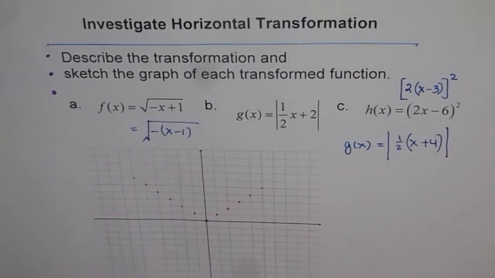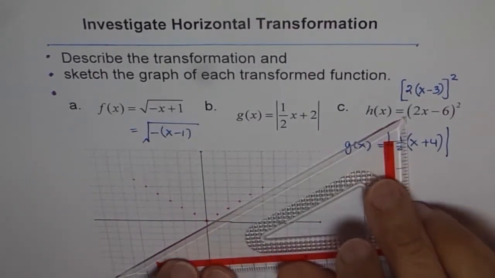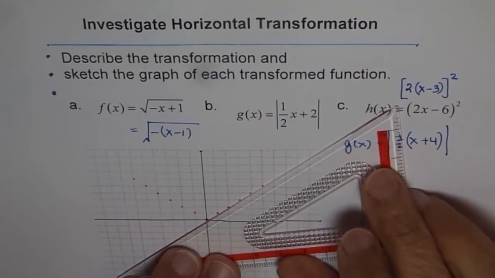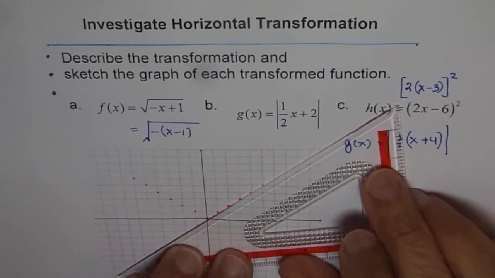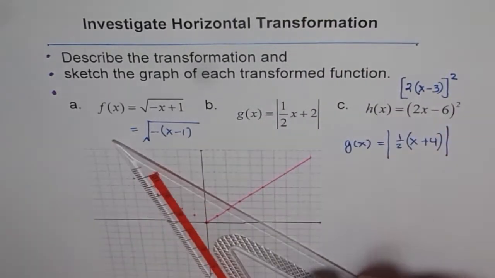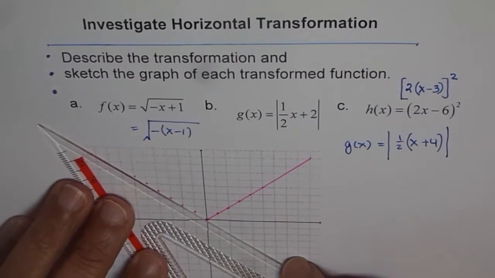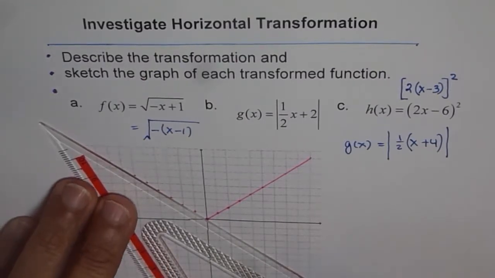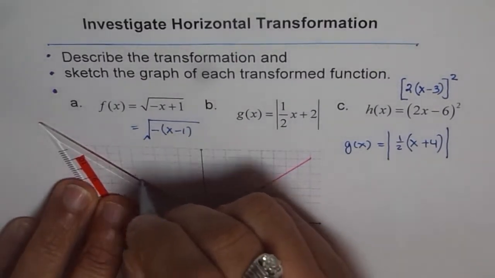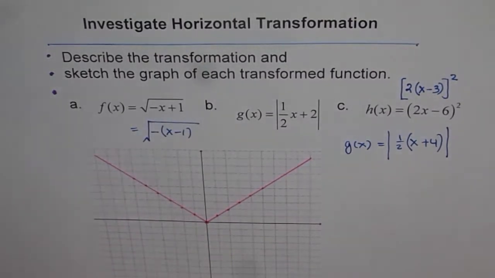Just draw it, and you can connect them with a line. It is a straight line, y equals x in the first quadrant, and y equals minus x in the second quadrant. This graph has a vertex at the origin, and it is symmetric about the y-axis.